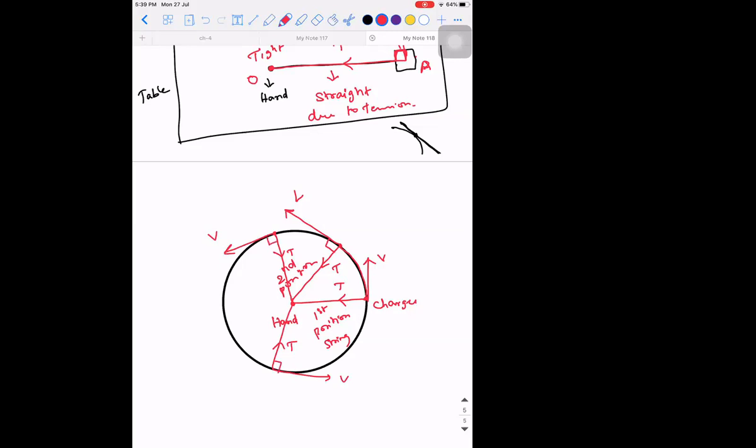So what did I say? If force and velocity are always perpendicular to each other, then what is the name of that motion? Circular. It is a uniform circular motion.